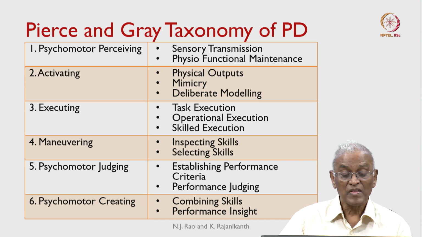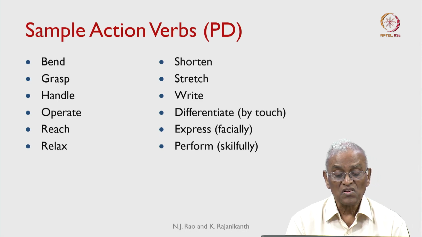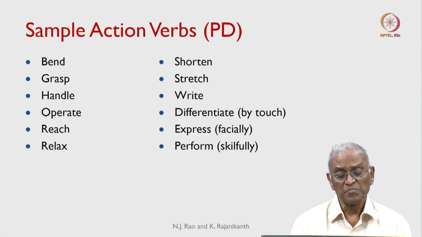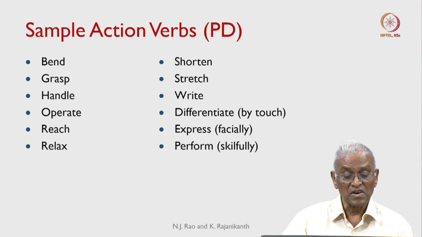Now to describe any of these activities, you are likely to use these action verbs and maybe more. Bend, grasp, handle, operate, reach, relax, shorten, stretch, and so on. Any of these action verbs, you can use.